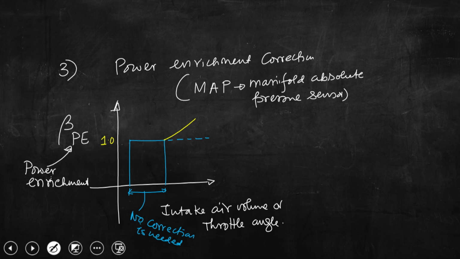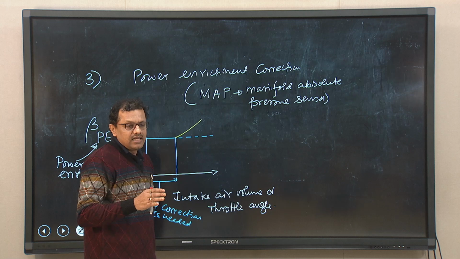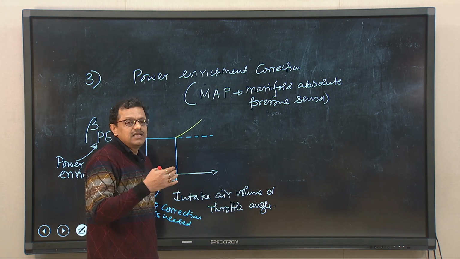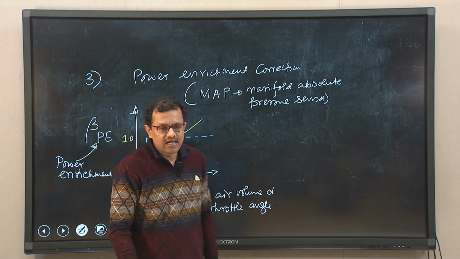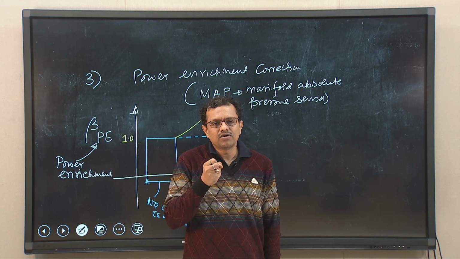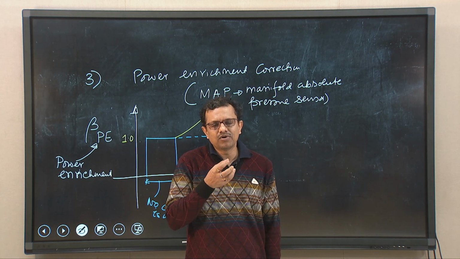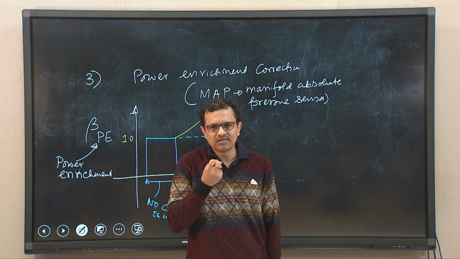Now, let me tell you why we need to have this. All of a sudden, if the engine needs to deliver moderate to heavy loads, and we demand more power from the engine, certainly injection duration should be higher, right. To increase the power or load produced by the engine, we need to open the throttle so as to allow more air into the engine.